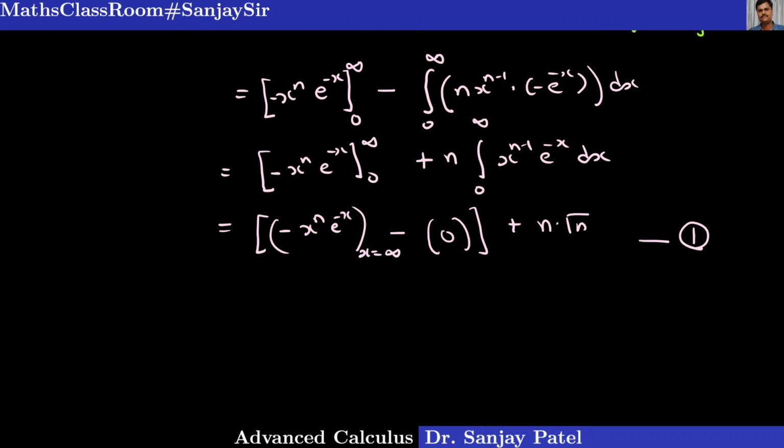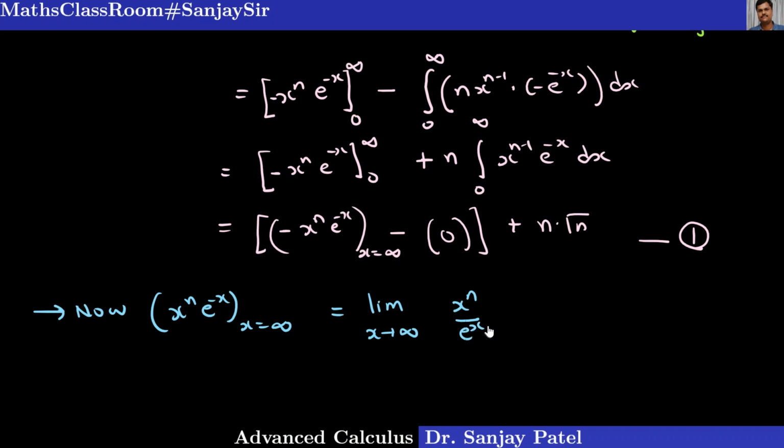Now for x raised to n into e raised to minus x at x equal to infinity, we can calculate using the help of a limit. This I can express as the limit as x tends to infinity of x raised to n upon e raised to x, because e raised to minus x is 1 upon e raised to x.